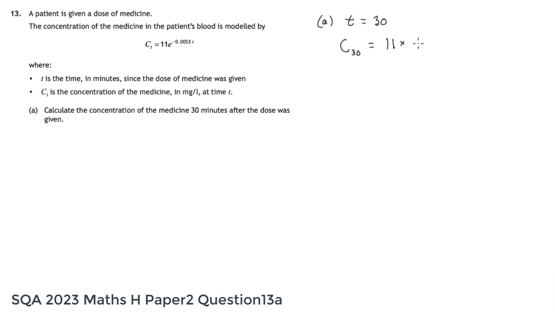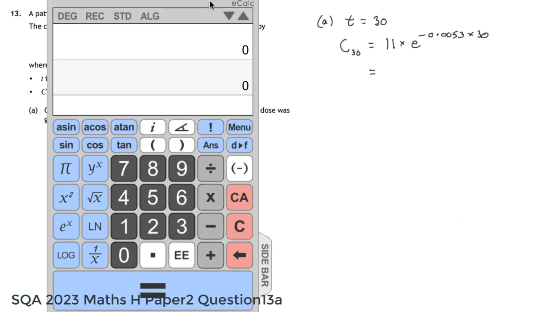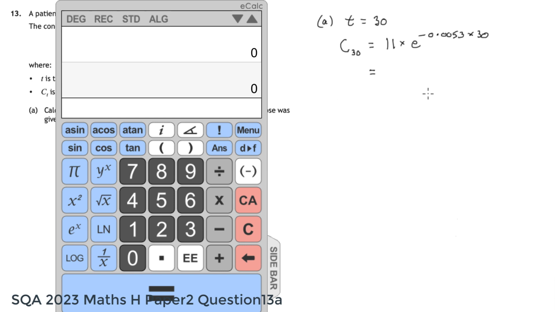So it's 11 times e to the negative 0.0053 times t, and we know we're substituting 30 for t. So there we go. And a calculator at this stage would do that calculation. So let's attempt to do that.